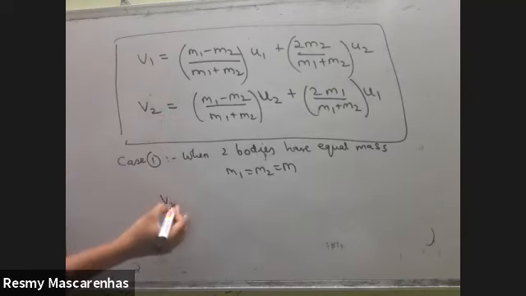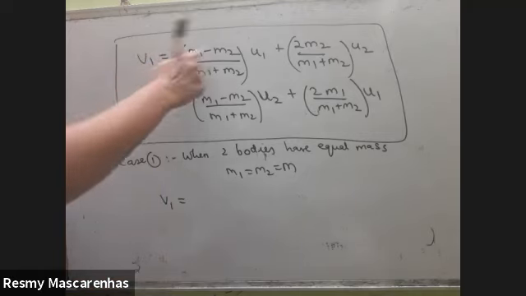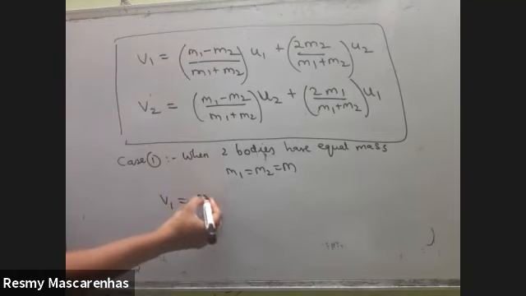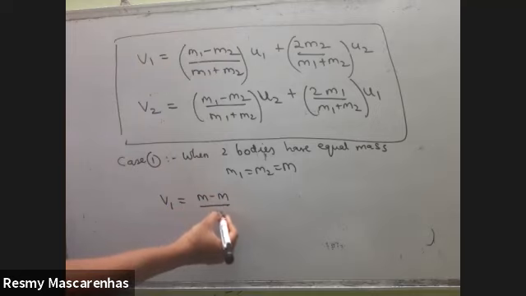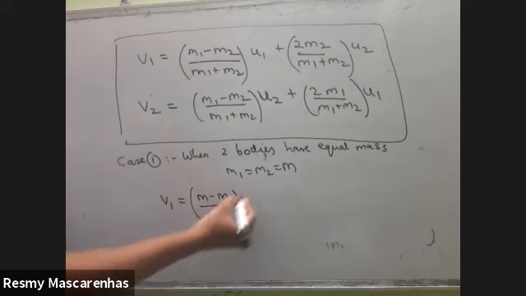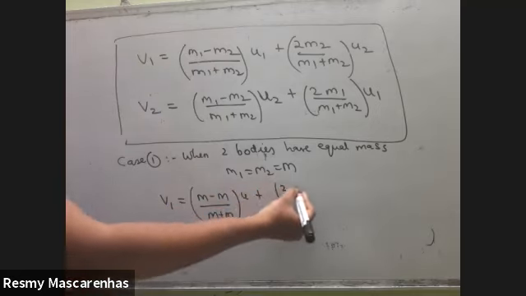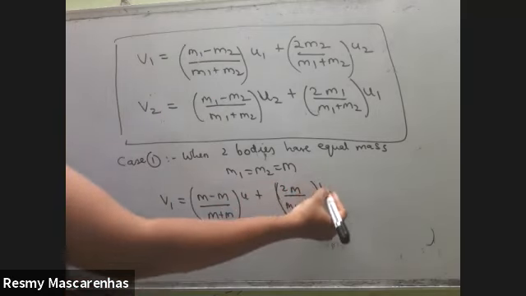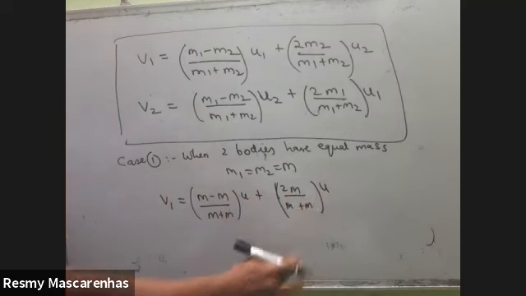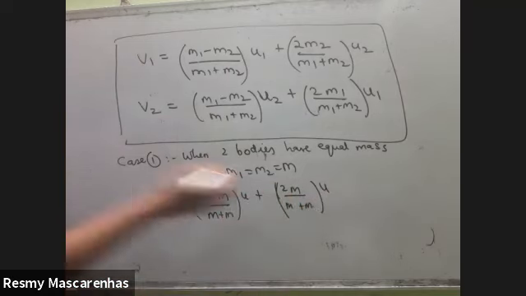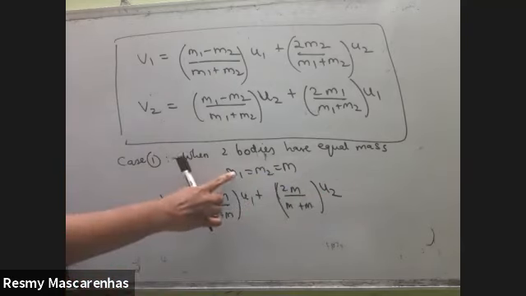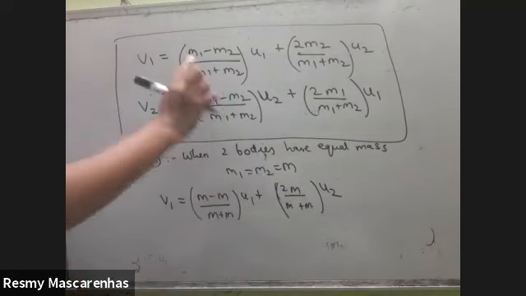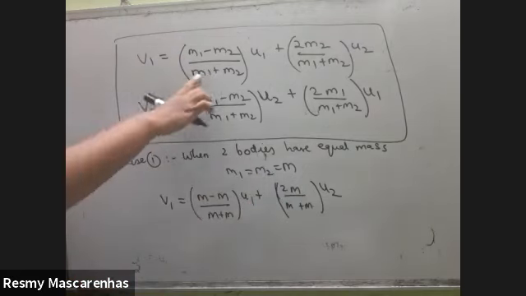So case 1, V1 is what? In both cases it will be M only. Everything will be M now. Considering M1 is 10 and M2 is also 10, this will be 10 minus 10, and 10 plus 10.